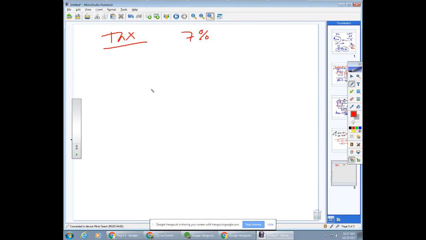So if I go into a store and buy a bunch of things, something for $10, something else for $8, something else for $15, and so on, one way to think about that problem is I have to take 7% of each of those, times 0.07, times 0.07, and then I can calculate each of those. So let's see, 7% of $10 is what, 70 cents or 7 cents? It would be 70 cents.